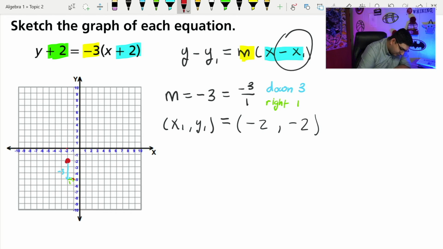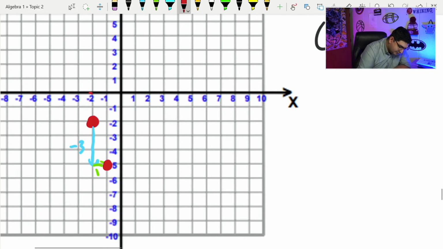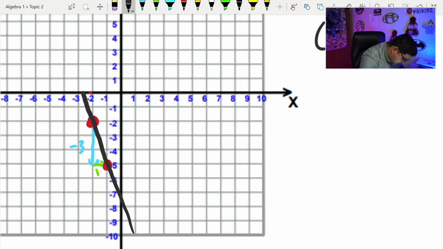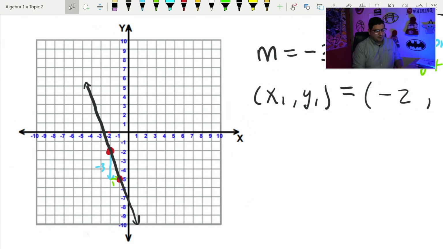And here I have my second point. So I'm going to go ahead and zoom in on that. So I went down 3 spaces and to the right 1 space, and now I can connect these dots. Actually, let me do that with a black line. And there we have our line.